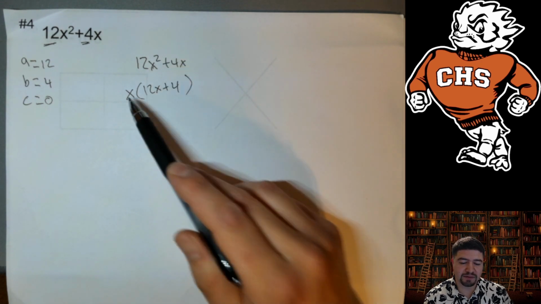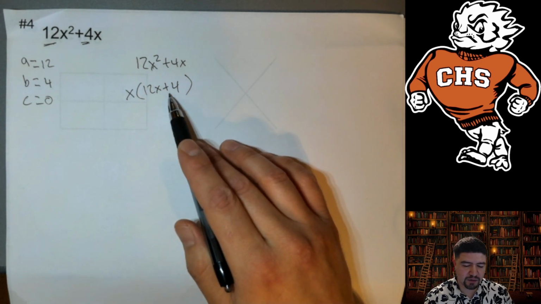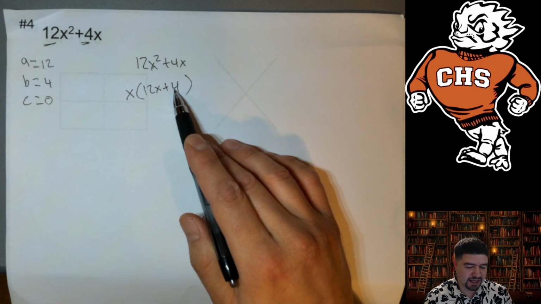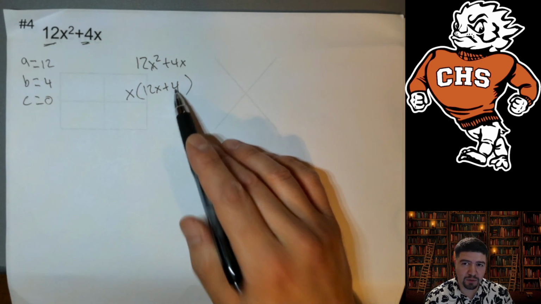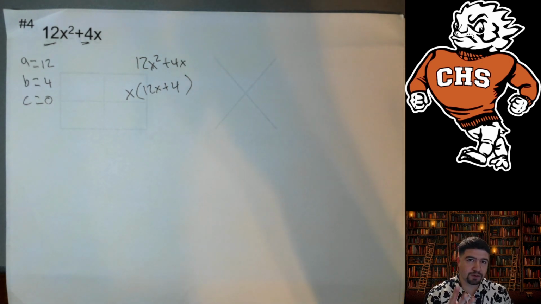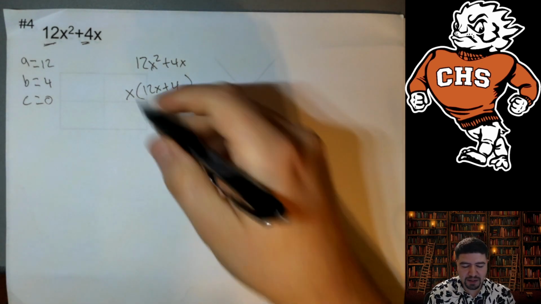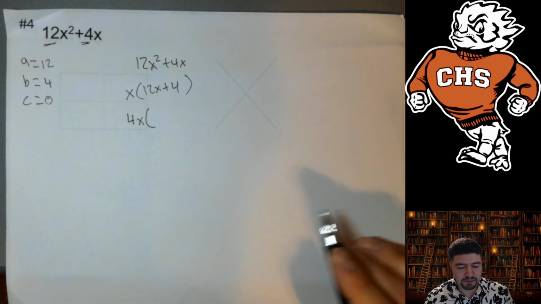Because it's right there. So look again and notice that we can still take out a 4, because 4 goes into 4 one time, and it also goes into 12 3 times. So with that in mind, I'm going to rewrite this again, but I'm going to take the 4 out now.